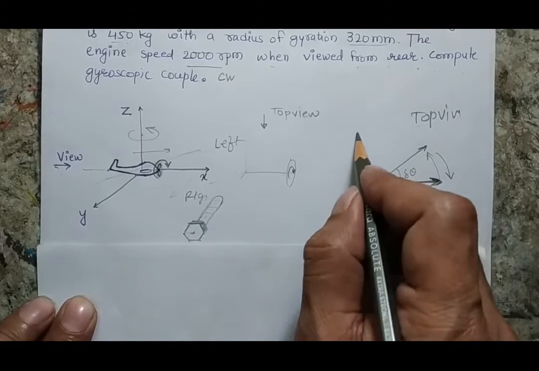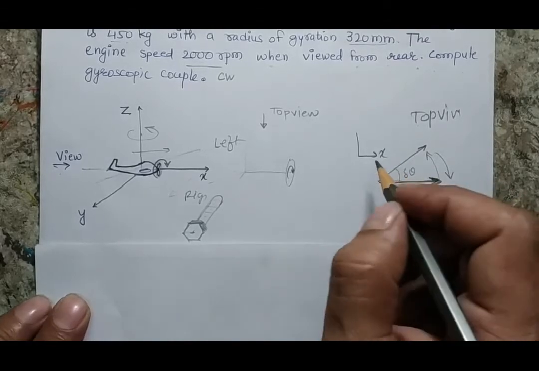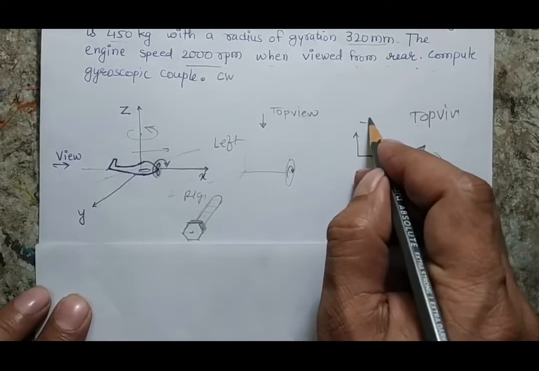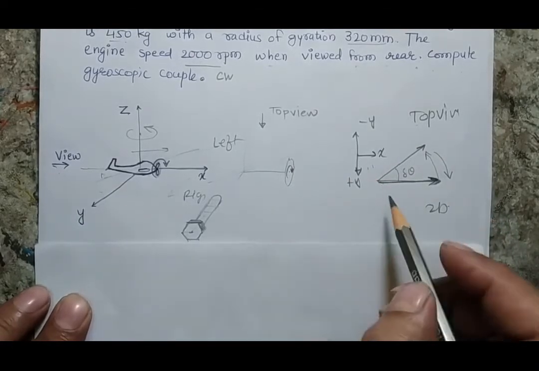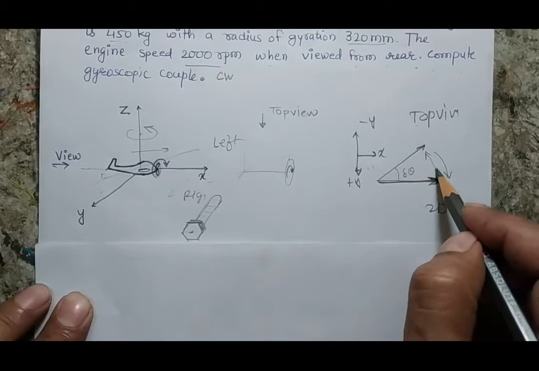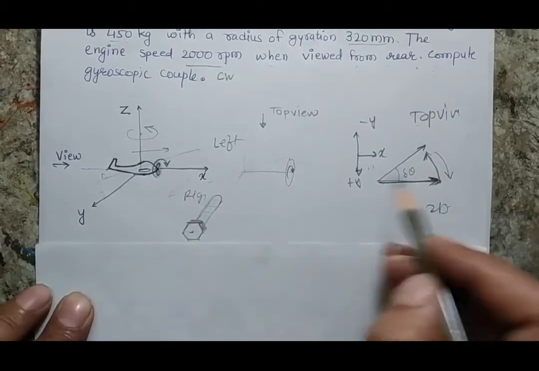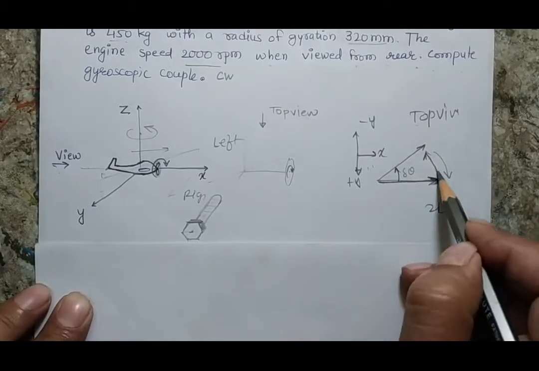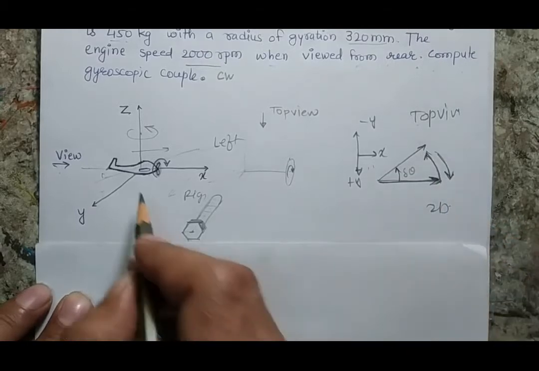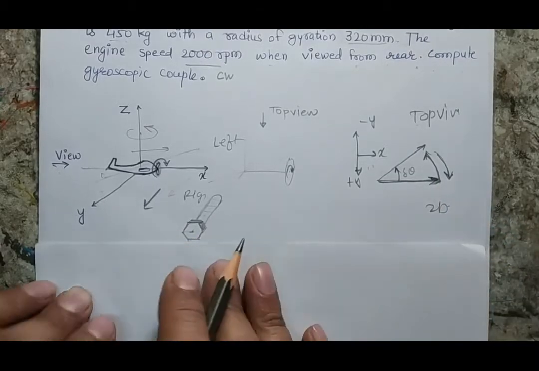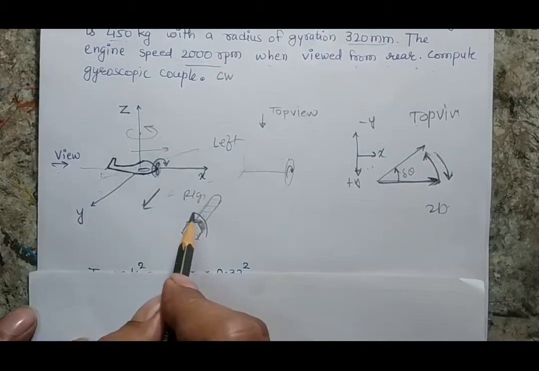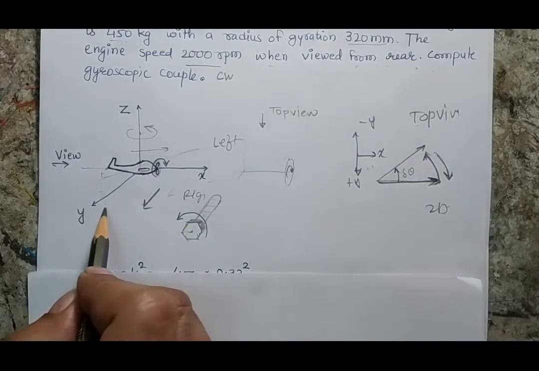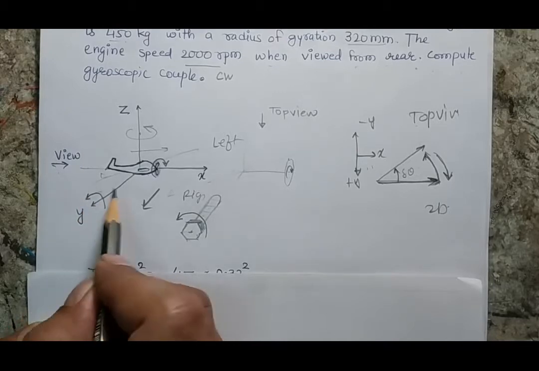Basically here I have two axes, one is the X and another one is the negative Y, and this is my positive Y. If I compare these two figures, I am moving my plane towards the negative Y in the horizontal plane, and this is my del theta. So this is my active, this is my reactive. Reactive means something is coming out in this way, and if something is coming out this way and I have a screw, there will be a counterclockwise couple. So I have a counterclockwise couple about the Y axis.